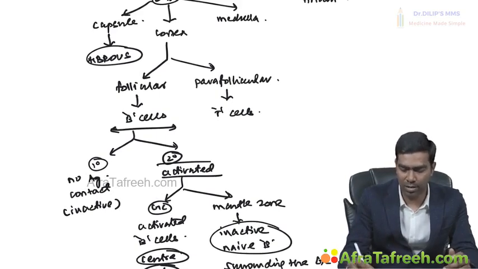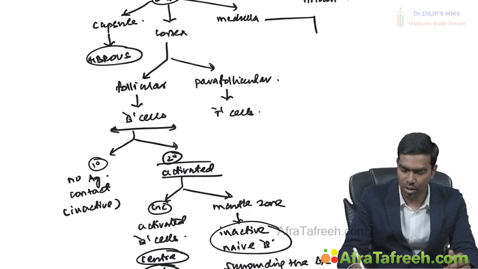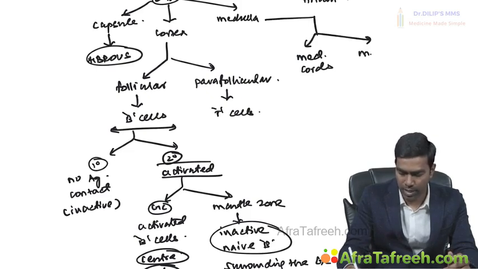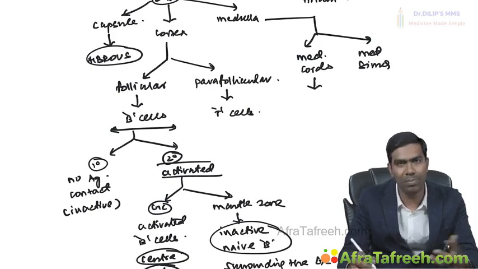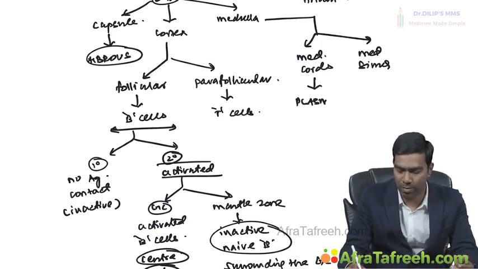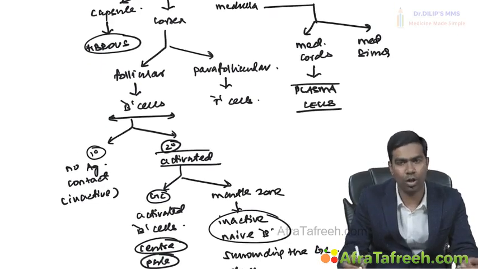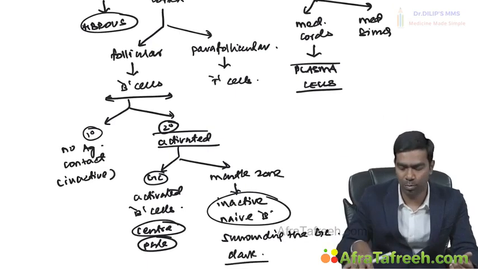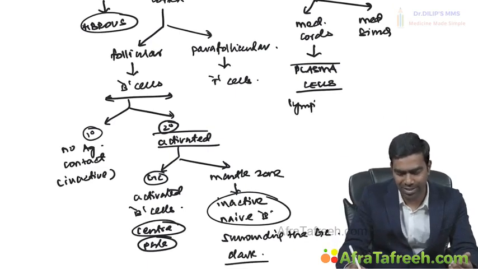The medulla has two areas: the medullary cords and the medullary sinus. The medullary cords contain short-lived plasma cells, which secrete antibody for only a short time, because long-lived plasma cells are in the bone marrow, and also certain lymphocytes, but the most important component is the plasma cells.